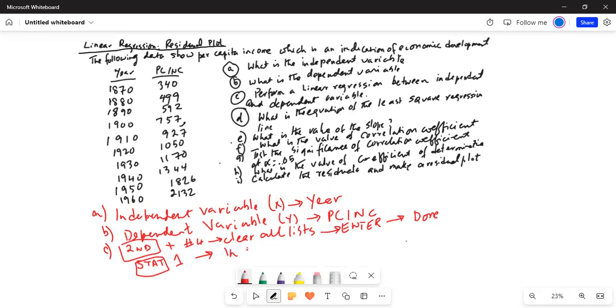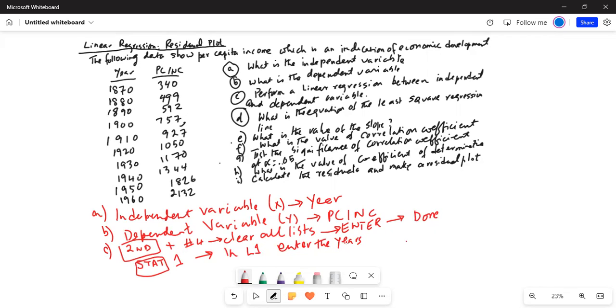In L1, enter the years, which are 1870, 1880, 1890, then 1900, then 1910, then 1920, then 1930, then 1940, 1950, and 1960. So we are done entering the data in L1.